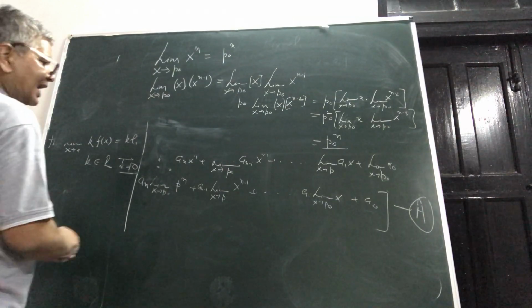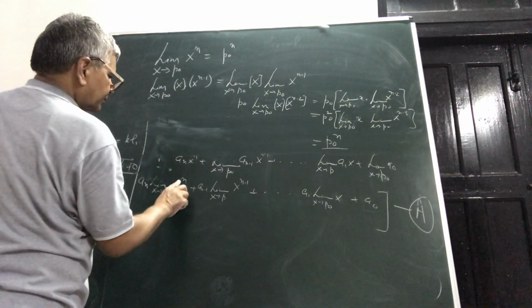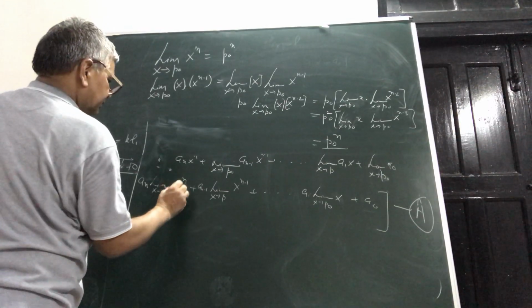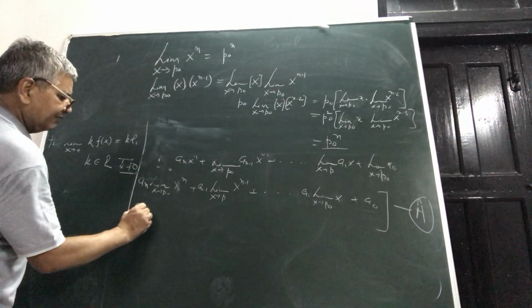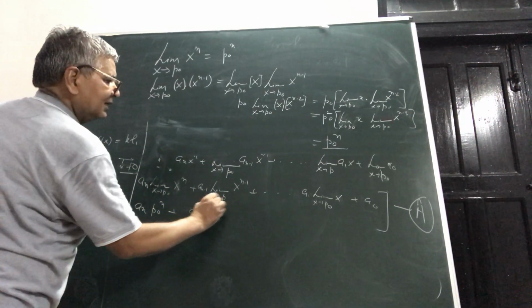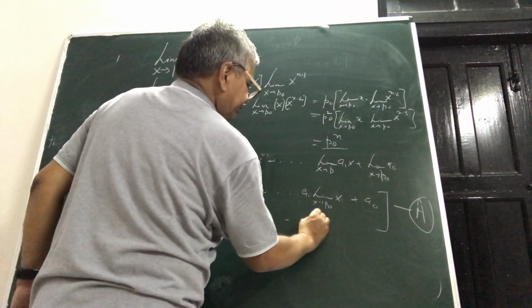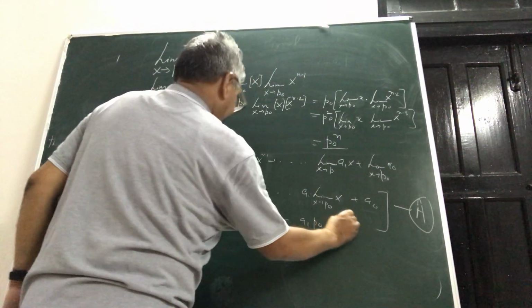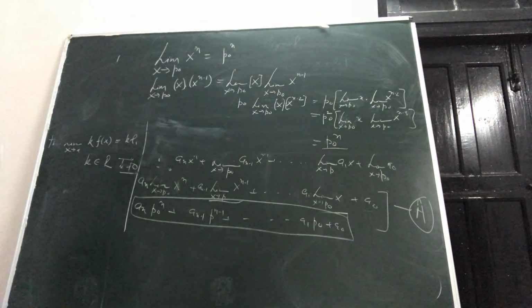So with that understanding, the task is quite simple. Here, this is x raised to power n, so this will become a_n p naught raised to power n plus a_(n-1) p naught raised to power n minus 1, and so on, a1 p naught plus a naught. So eventually this is nothing but the functional value of the polynomial.